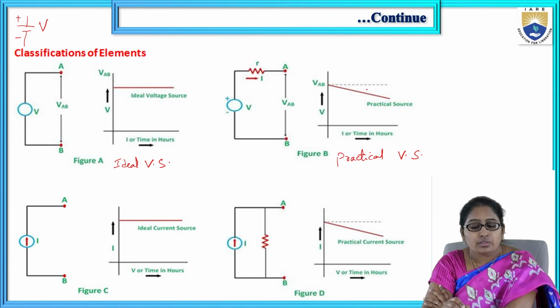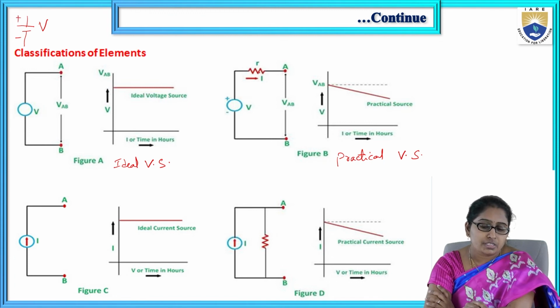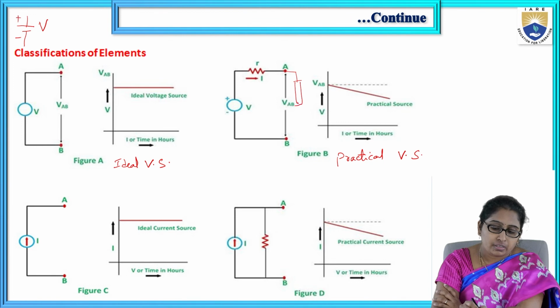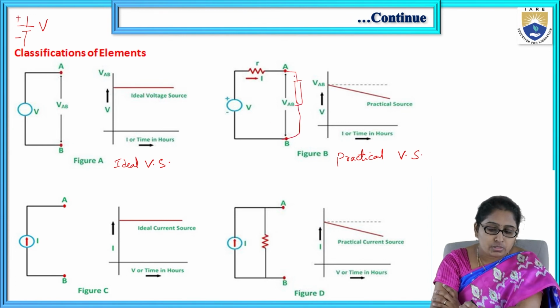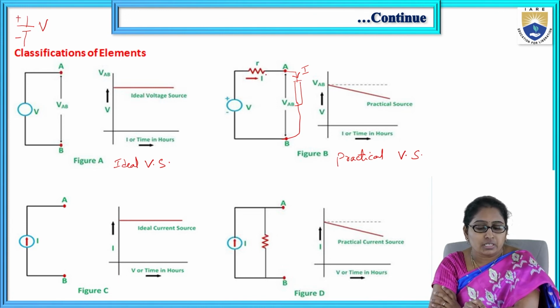Next, the practical voltage source. We know there is an internal resistance present with the voltage source, shown with a small r here. When load is connected and current flows, if we increase the load, the current drawn from the supply also increases, so there is an increase in the voltage drop across this internal resistance.